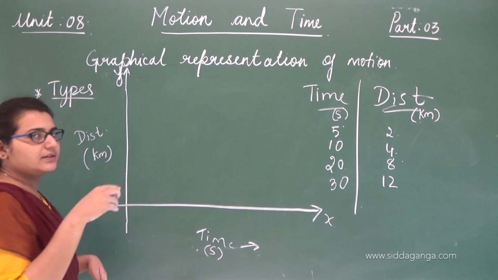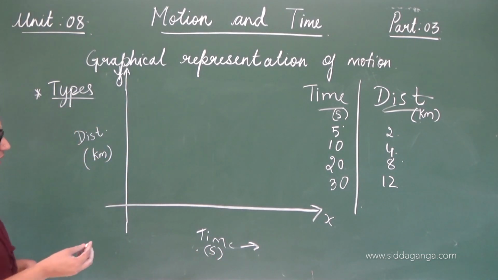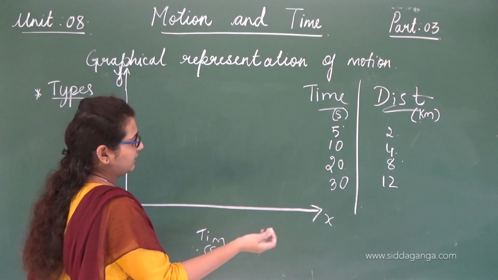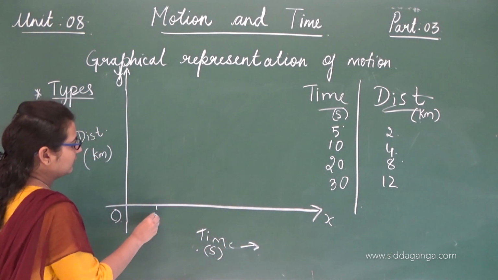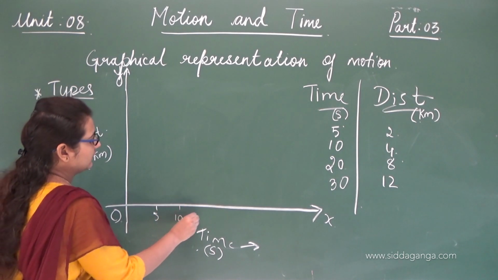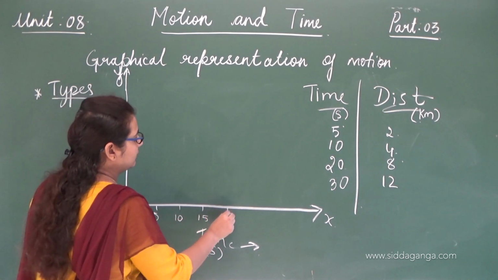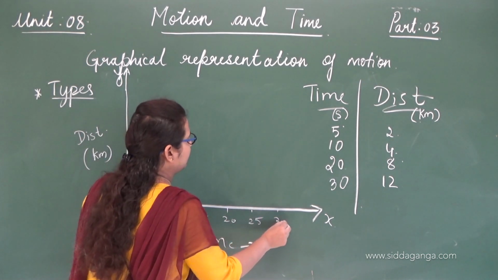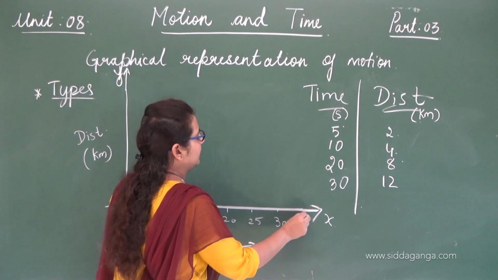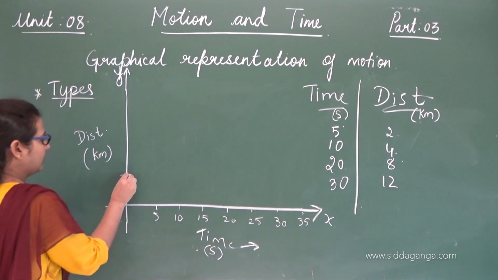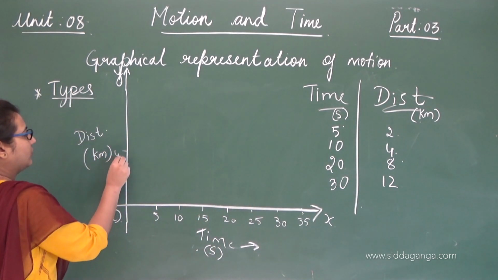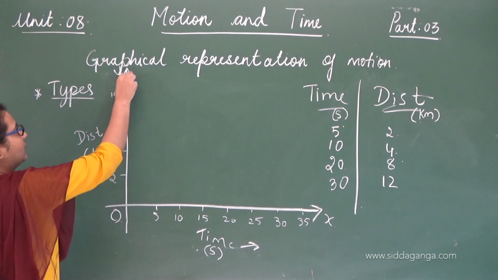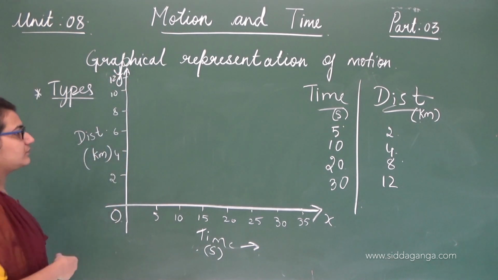We'll write second just as S. Now, what are the time values? 5, 10, 15, 20, 25, 30, 35. And in distance, 2, 4, 6, 8, 10, 12.